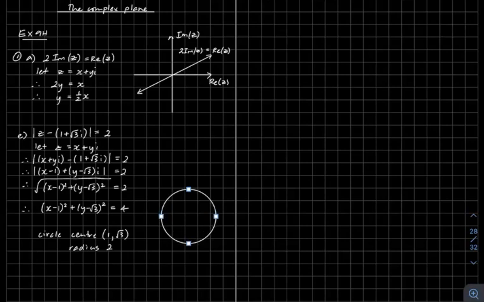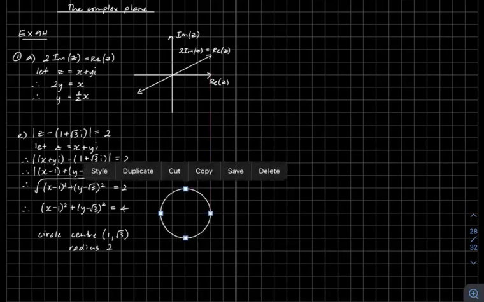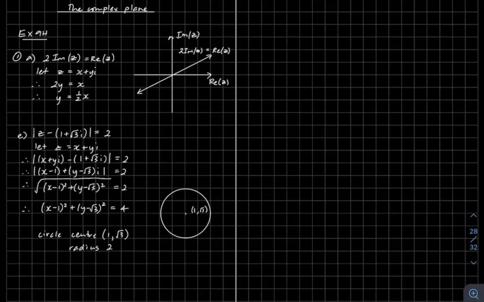Alright, let's center that here. Its center is the point 1 and root 3. So the vertical axis should be 1 unit to the left of that, shouldn't it?